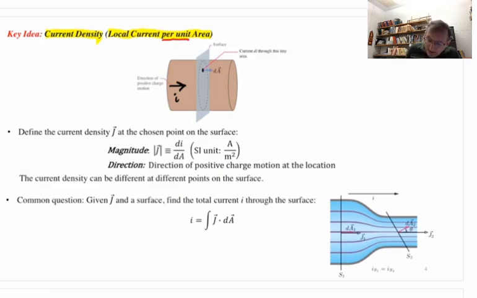Then I'm imagining a mathematical surface slicing straight through. That's what that gray rectangular shape is. It's a mathematical surface slicing through the conductor. And you can see its cross-section there with the dashed line where it intersects the surface of the conductor.